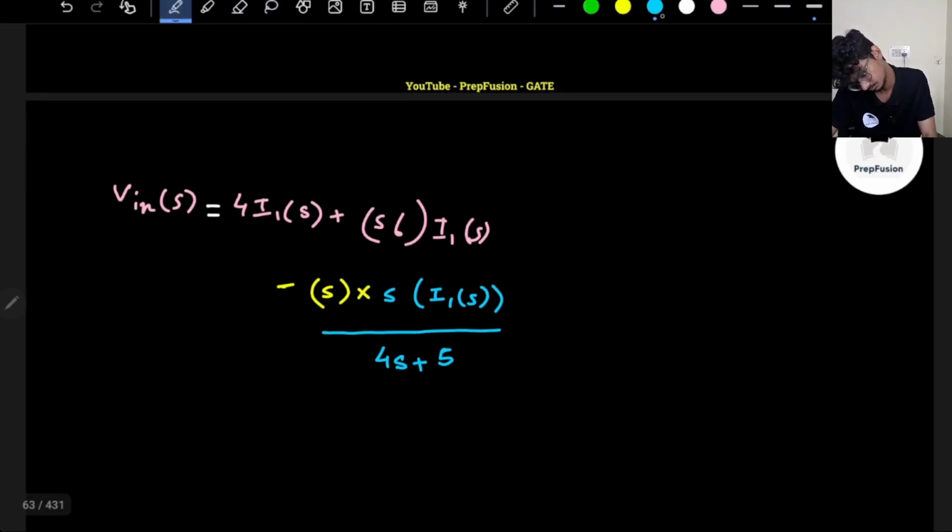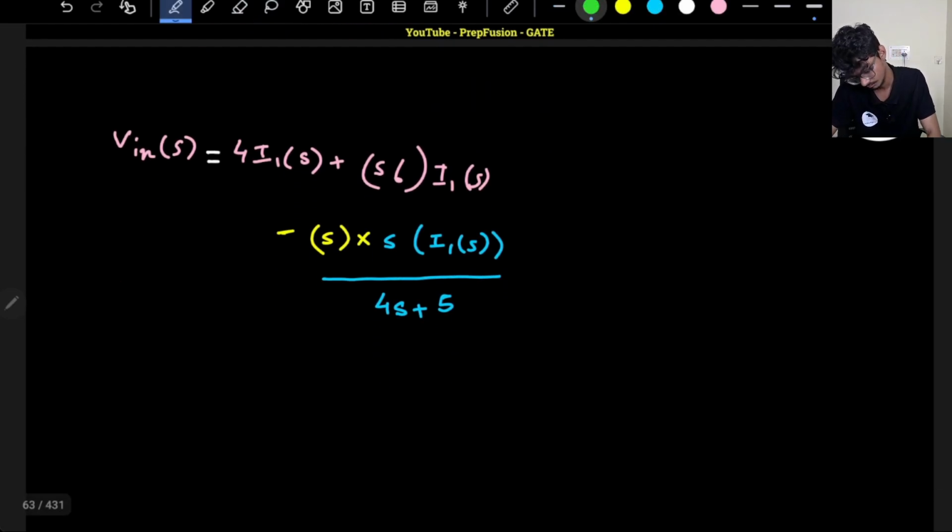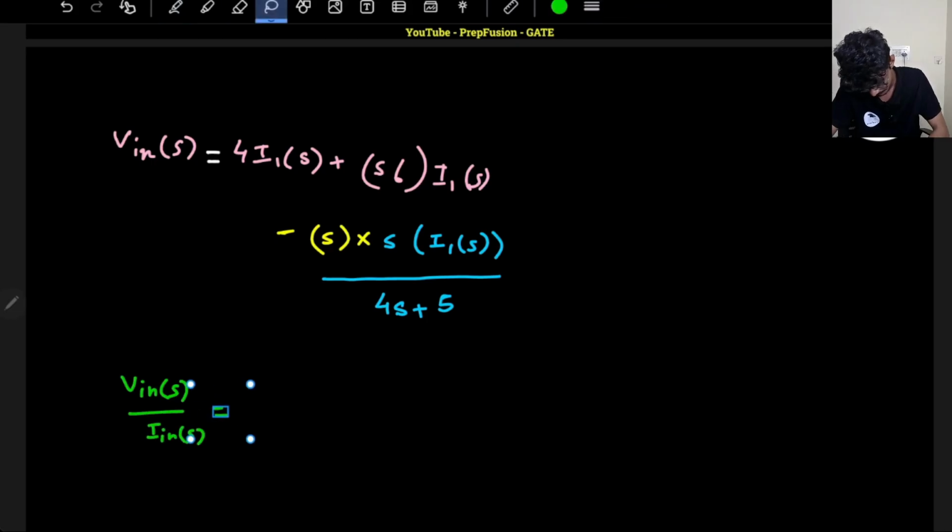So I can directly say that V of S over I of S will be equal to 4 plus this.